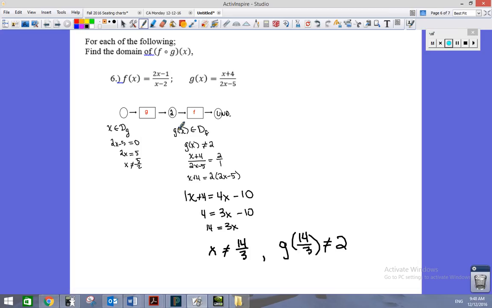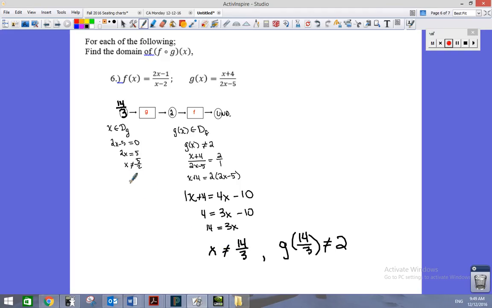And we want to prevent that from happening, so that f never sees 2. g doesn't want to have 14 over 3 as its input because it'll have an output of 2, and then f goes crazy. So we need to avoid these numbers.